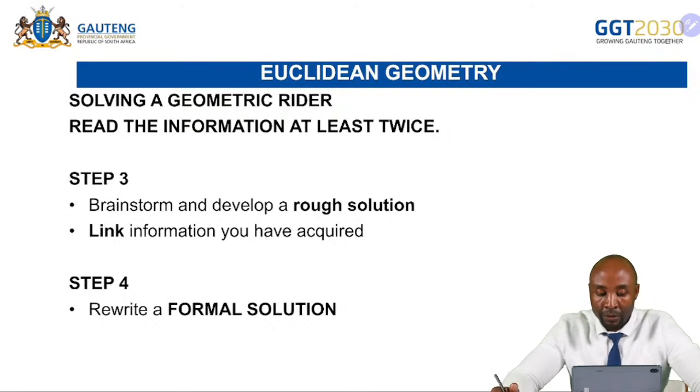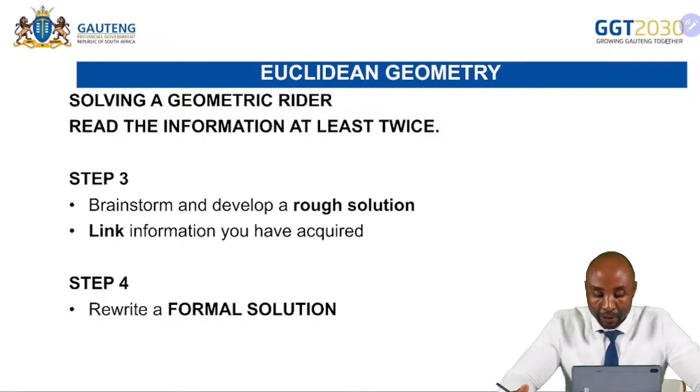So all you need to do is brainstorm and develop a rough solution as you add information to your diagram. Once you are done with that, you link your information, and then the last step, you write down a formal solution. The formal solution is the one that you submit.